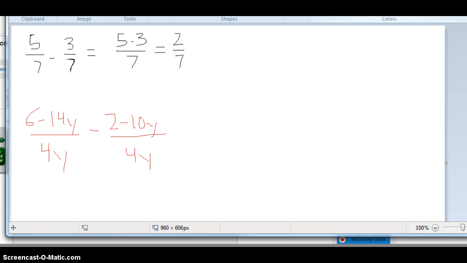So with the rational expression here, we have the same bottom, so it's just going to stay put at 4y. And on top, we're going to just subtract, so 6 minus 14y. And you take that and subtract this whole second thing, so we're subtracting 2 minus 10y.